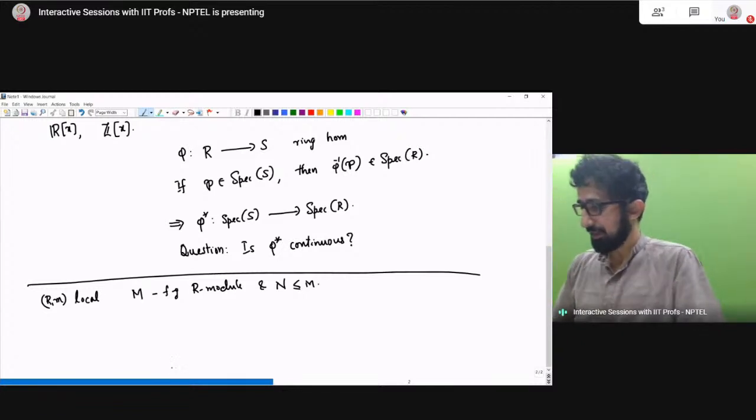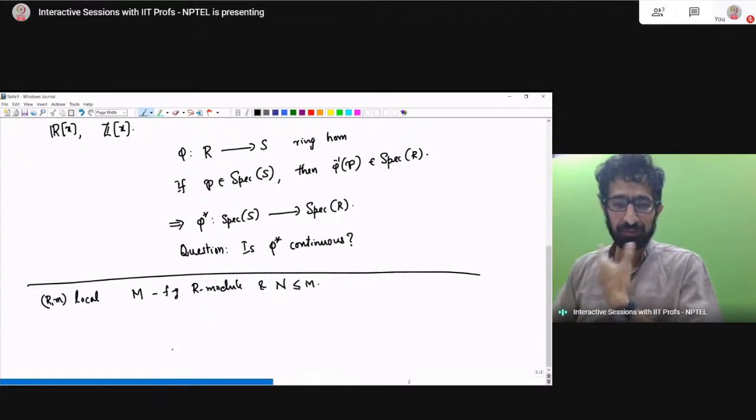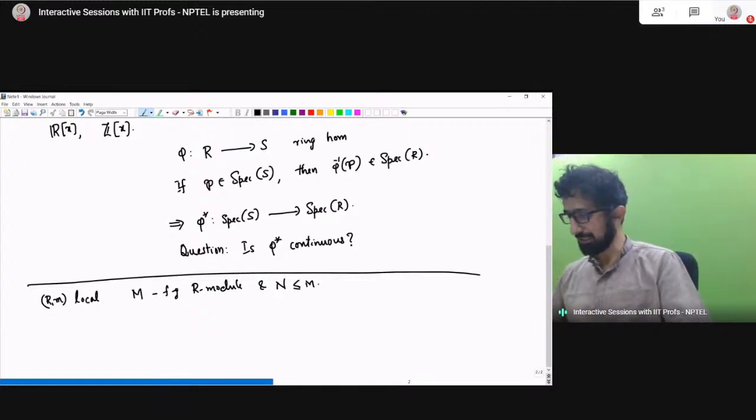M finitely generated R module, and N is contained in M. Okay, so one can state Nakayama lemma in more general setting, but let me stick to this one.